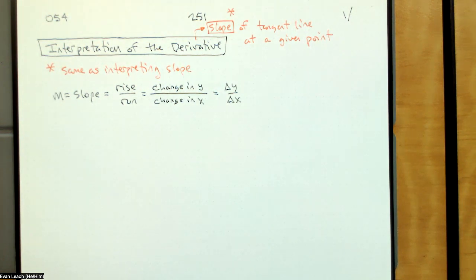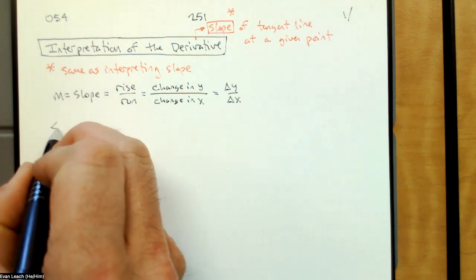Slope is the change in y divided by the change in x. We have new technology now called the derivative that allows us to calculate this even when it's 0 over 0. But the slope is, by definition, the change in y divided by the change in x. So that tells us how we should build the units for the slope.